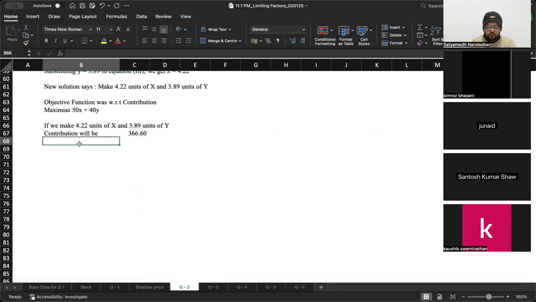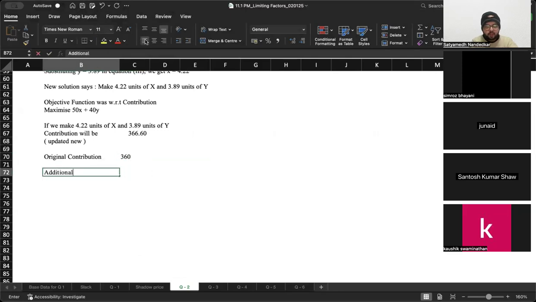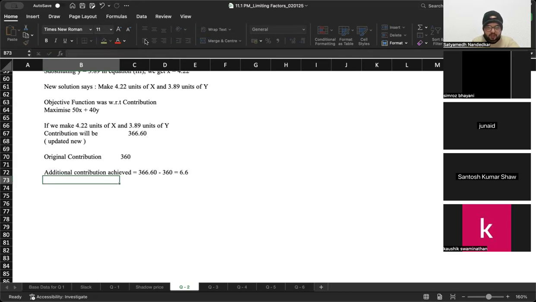So this is the updated new contribution, and this is my original contribution, 360. So what is the additional contribution achieved? 366.60 minus 360, that is 6.6.